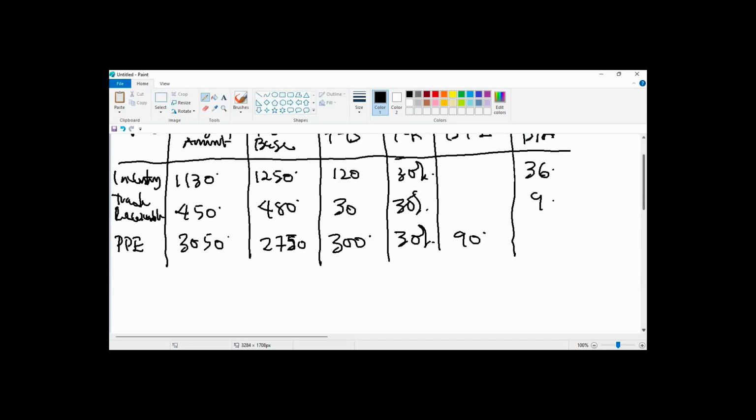Development expenditure. During the year ended 31st October, development expenditure amounted to 480. 480 was capitalized. Amortization of 20 was charged to profit or loss for the year.